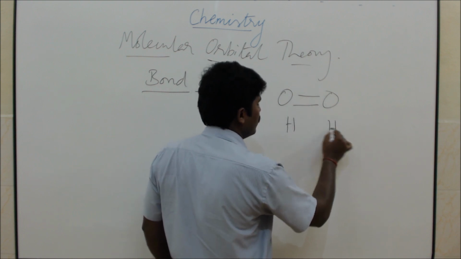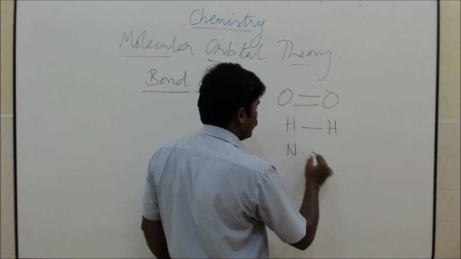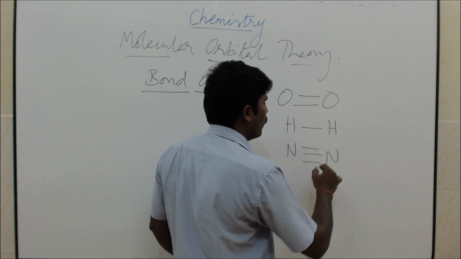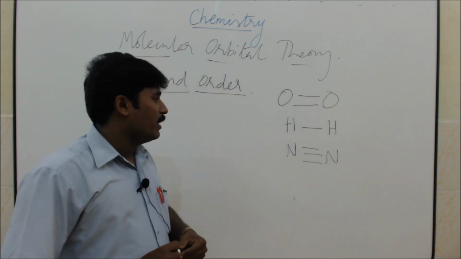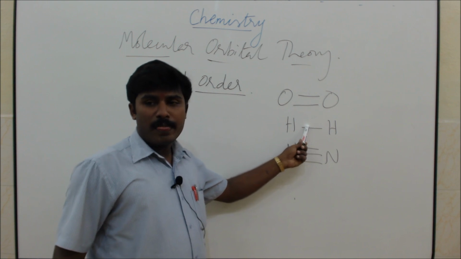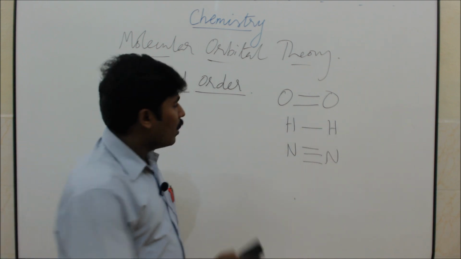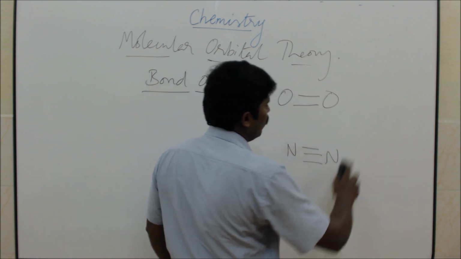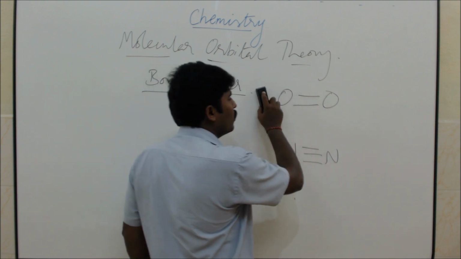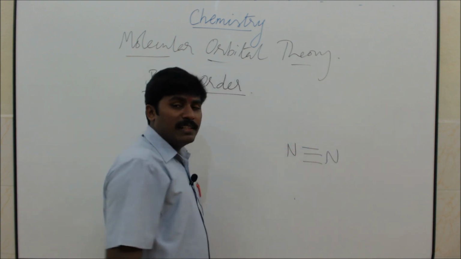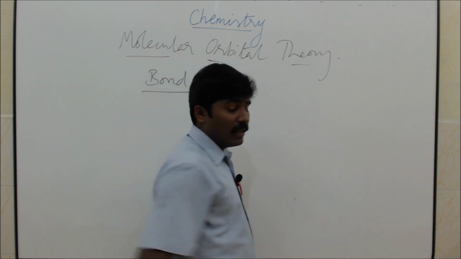Hydrogen, hydrogen, that is a single bond. Nitrogen, nitrogen, that means a triple bond. In between the atoms, you are putting a bond. That is the bond order. For the hydrogen molecule, bond order 1. Oxygen molecule, bond order 2. For nitrogen, bond order 3.